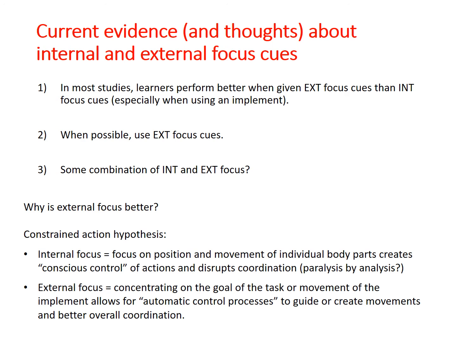I'm not sure what automatic control processes are, but I think about it in terms of, for example, if I was trying to jump as far as I could, do a standing long jump, and I told someone, bend down real low and swing your arms really big. Well, you might actually do that.